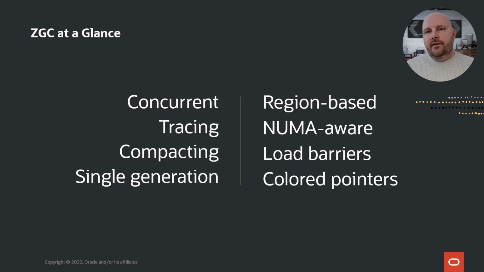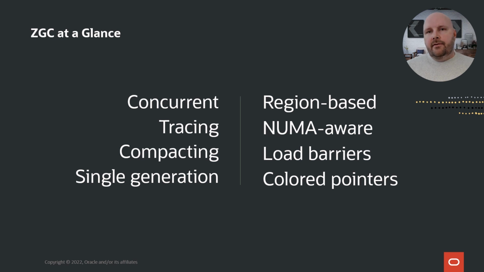It's a tracing GC, which, like all GCs in HotSpot, will actually traverse the object graph on the heap to figure out what's live and what's garbage. It's compacting, so it will be moving objects around to fight fragmentation, so that it's able to free up large contiguous chunks of memory. It's currently single generation, and we'll get back to that in the roadmap part of this talk.